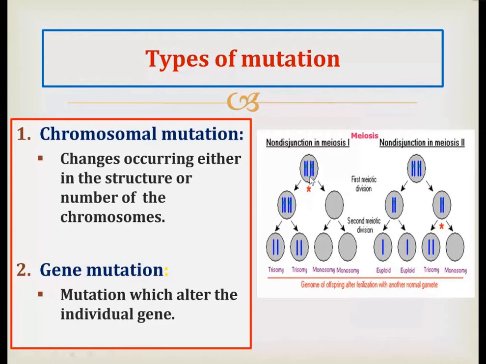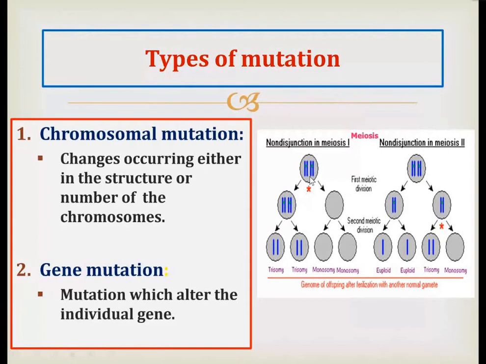It should be haploid; if there are 2 here, it is not haploid. If another normal cell fuses with it, it will have a trisomy, and the cell that has a single chromosome from another cell will have a monosomy.